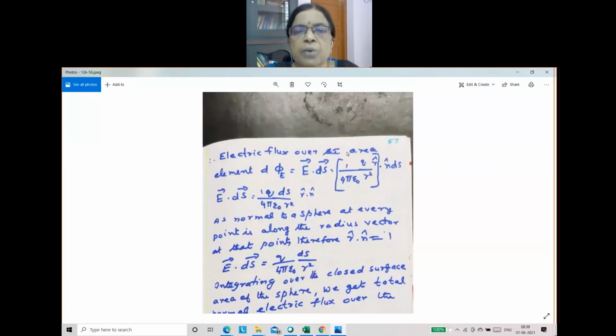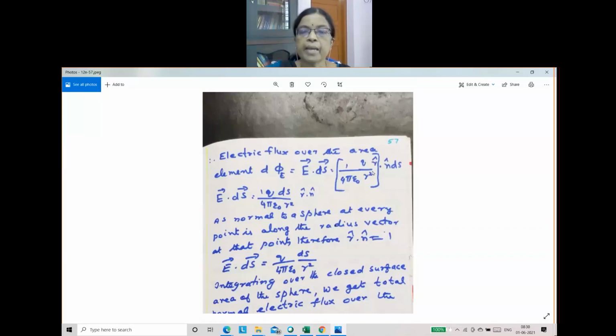Electric flux over the small area element, d phi e, equal to vector E dot ds. Then r dot n. What is r dot n? R is the unit vector in the direction of the electric field, and n cap is the unit vector in the direction of the outward drawn normal.